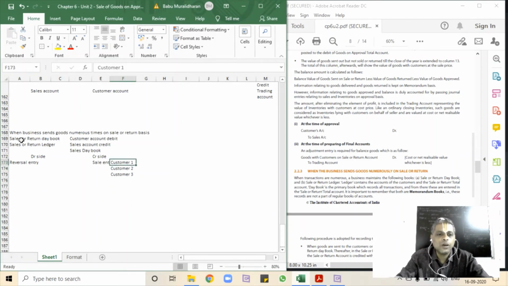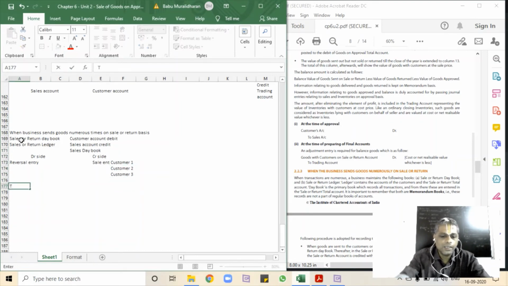See, these two are only memorandum books, and will not go to the proper ledger.